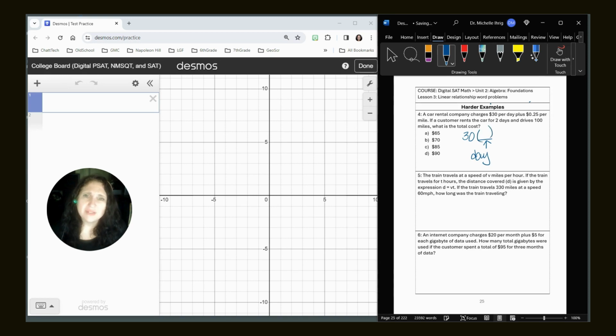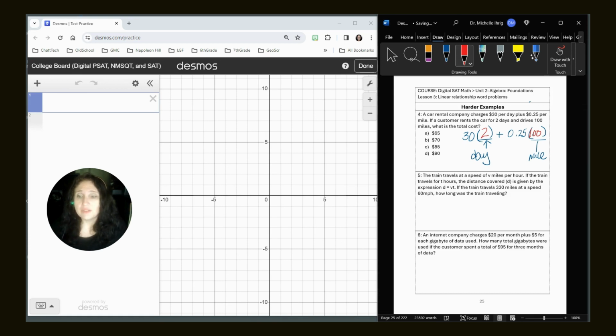Remember, anytime we substitute in expressions or equations, it's best to use parentheses so that we remember to multiply. And then it says plus we have 25 cents per mile. And then it says that we have the car for 2 days and 100 miles.